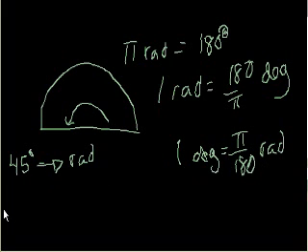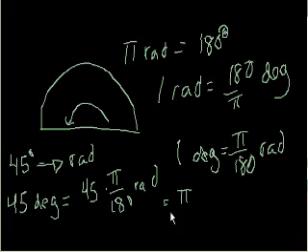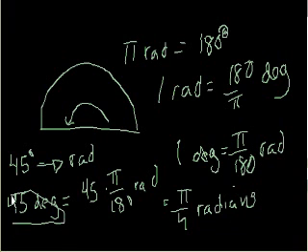So 45 degrees is equal to 45 times pi over 180 radians. And 45 goes into 180 4 times, so this equals pi over 4 radians. 45 degrees is equal to pi over 4 radians.